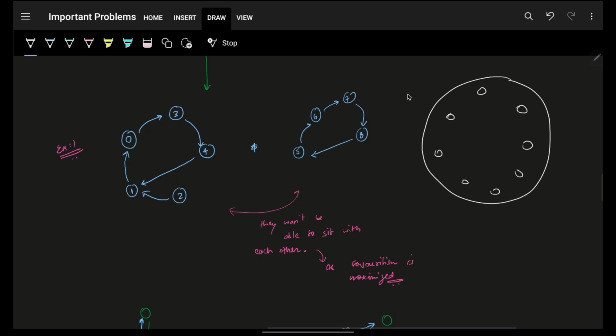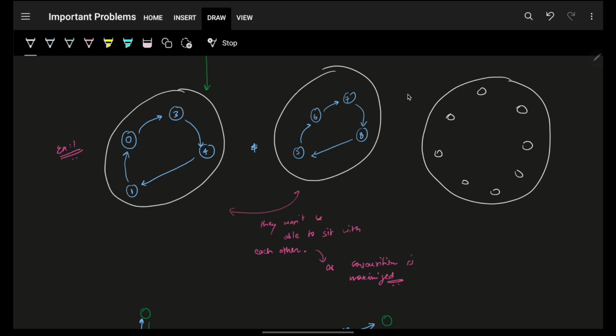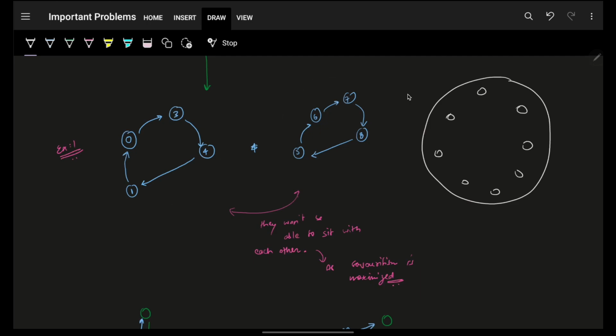Obviously you cannot take the branches, since branches are already gone. Imagine that you have only two circular directed graphs. If I have already placed 1, 0, 3, 4, these all have two neighbors, and these also have two neighbors.